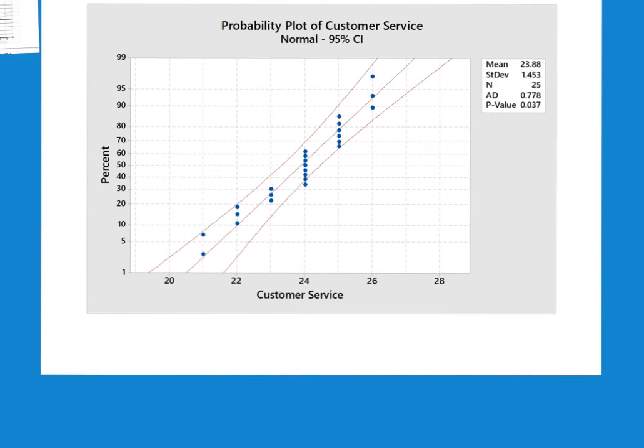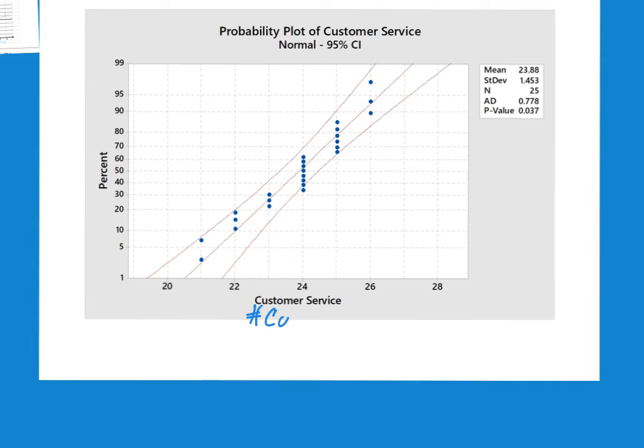So here is the probability plot of the full data set for these number of customers at this auto repair shop. And those are numbers of customers daily. When you have calculated your mean and your standard deviation of a data set, you can put that information into Minitab.